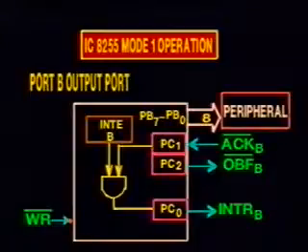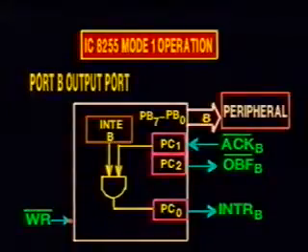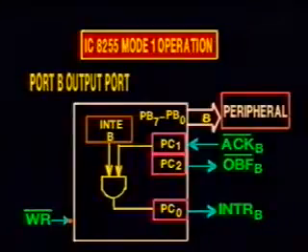After receiving the acknowledge signal, the 8255 raises the interrupt request signal. This interrupt may be used to get the next byte from the CPU.